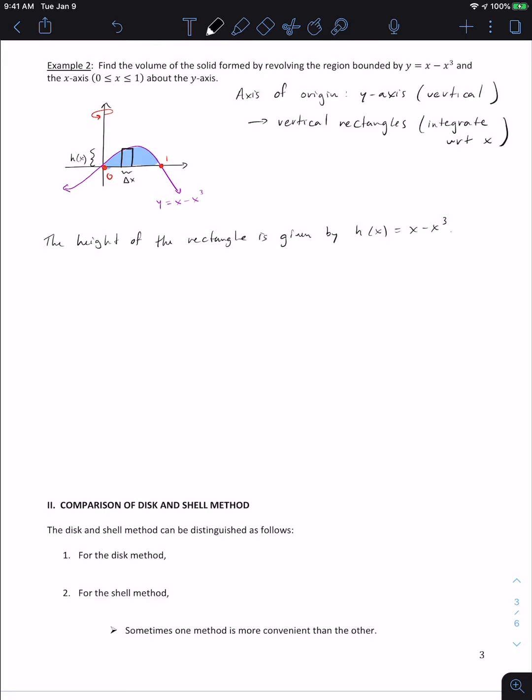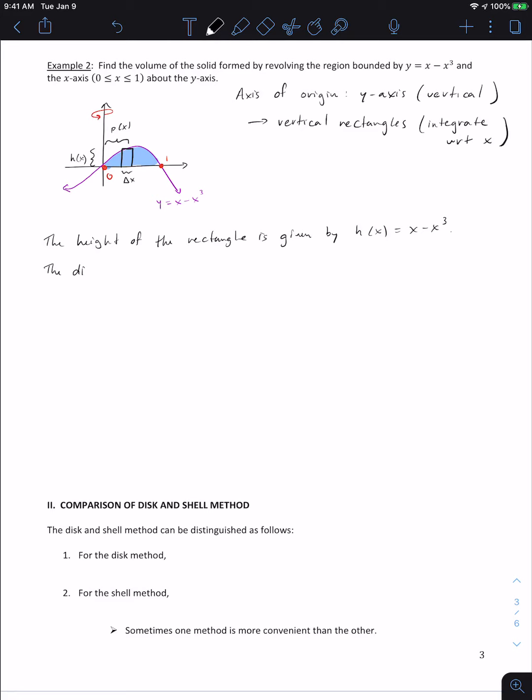Now we need p, right? P is the distance from here to here, right? That's my p of x. It's a function of x. Once again, how do I find the height of that rectangle? Well, I go to where I am on the x-axis, say I'm right here, I plug it in, I get the height, right? So what is that distance? That distance is going to be x.